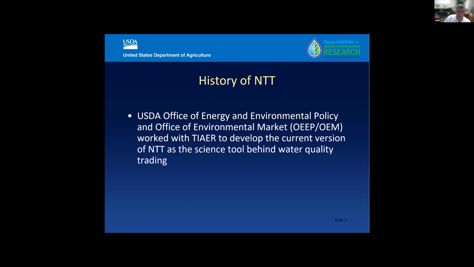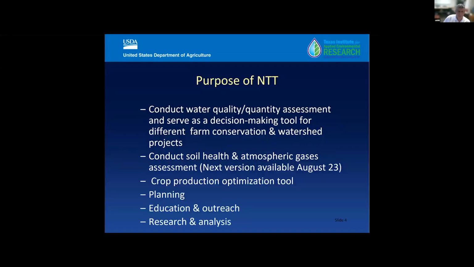However, now there is a lot more usage of NTT by many people out there, such as assessing water quality, and now water quantity, which is becoming an important issue right now with water shortage. Irrigation systems are all related to water quantity that NTT can handle.